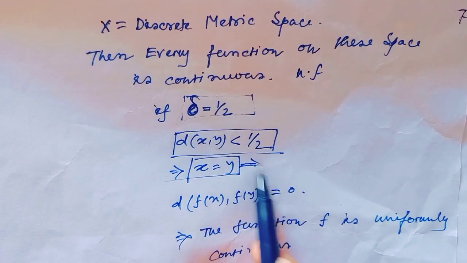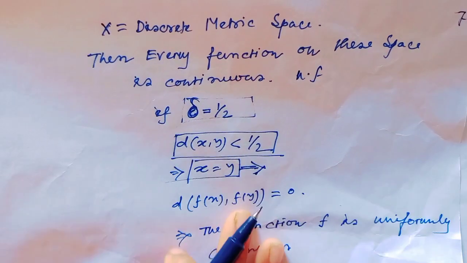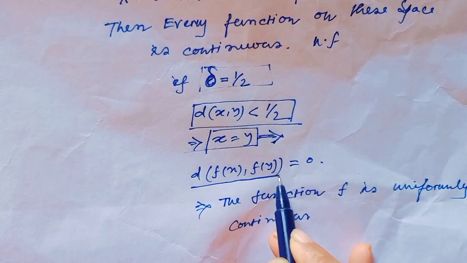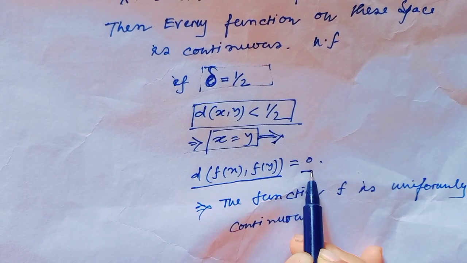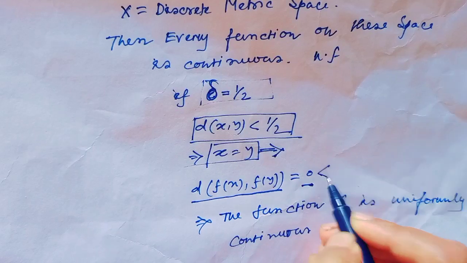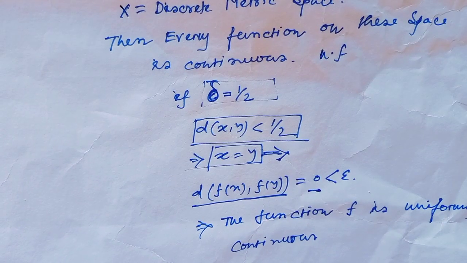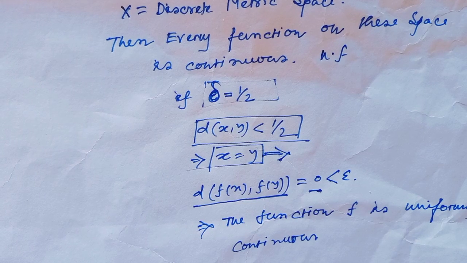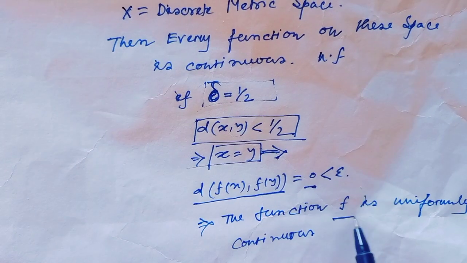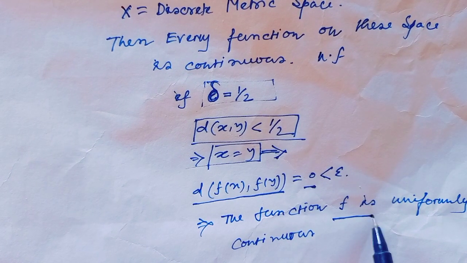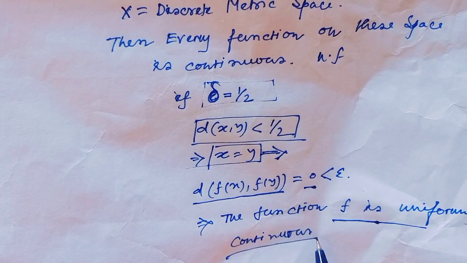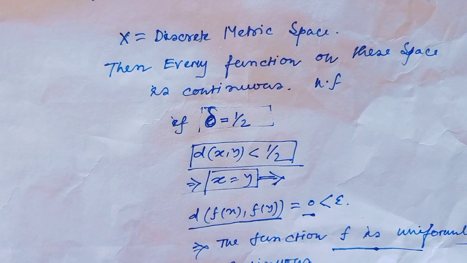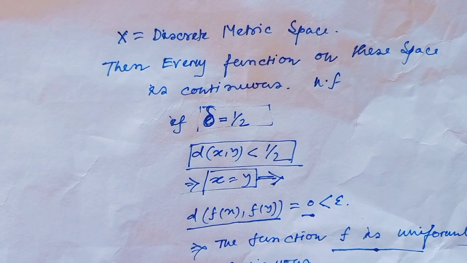And since x equals y, that implies d(f(x),f(y)) equals 0, which is obviously less than epsilon. So every function in a discrete metric space is continuous, and also uniformly continuous. I hope all my viewers have understood this concept easily. This is a very easy concept.